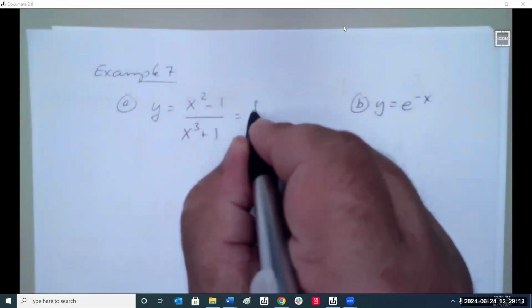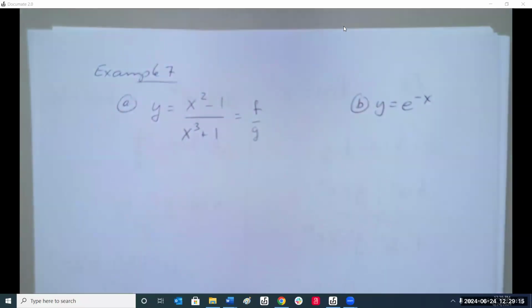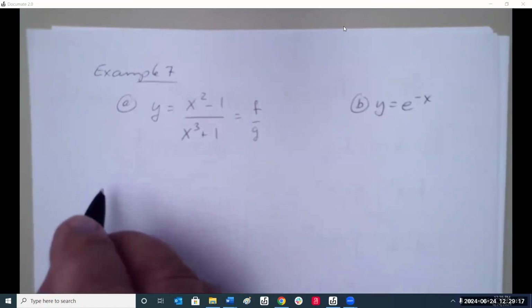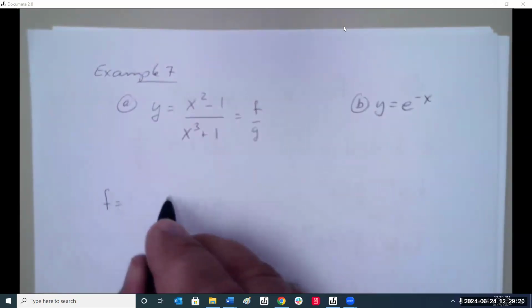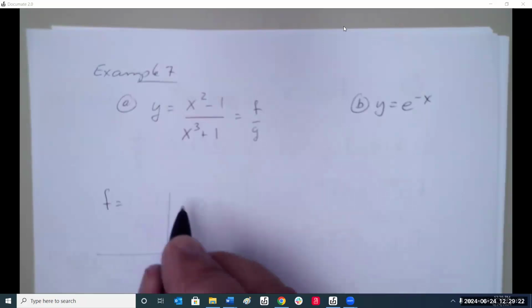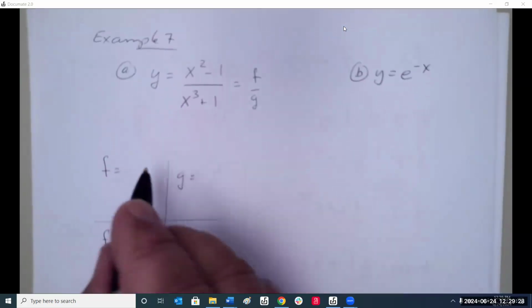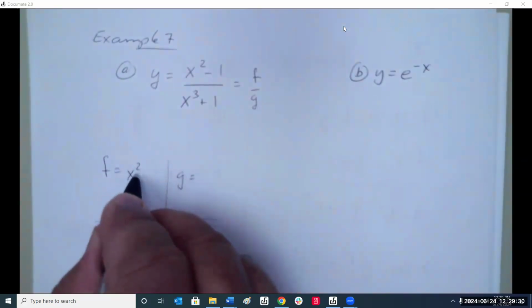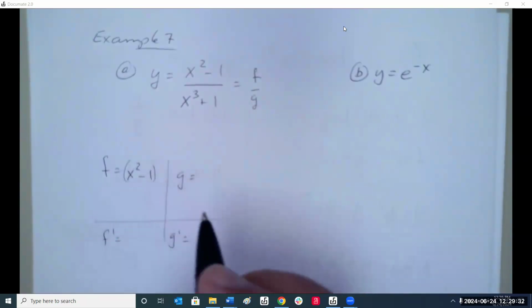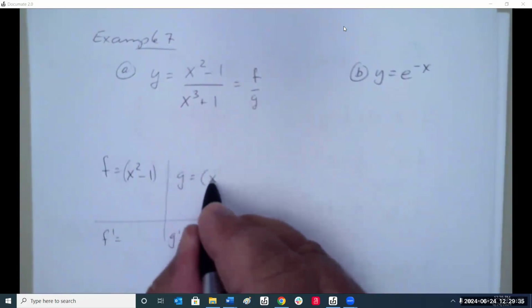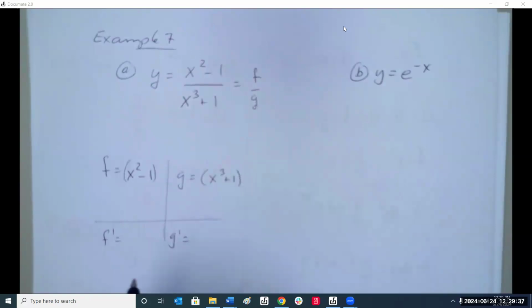The top is our f, the bottom is our g. So we have to do the f, g, f prime, g prime. So f is x squared minus 1. G is x cubed plus 1.